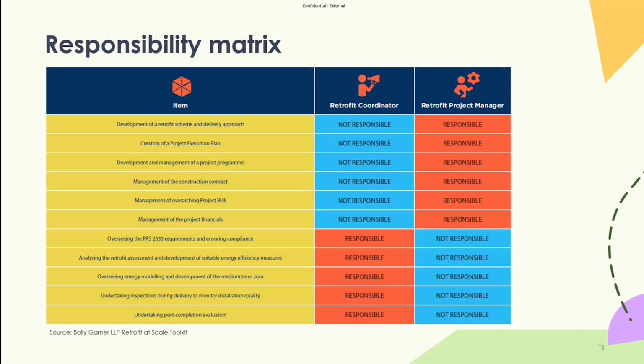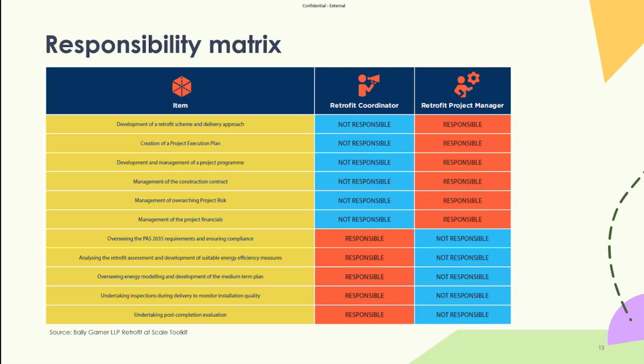So this table is taken from our Retrofit at Scale toolkit, which is taking again some of the themes that we've just discussed there. So the idea of the retrofit coordinator and other roles. So retrofit coordinator again plays a pivotal role, and some of their responsibilities are detailed at the bottom, which again we talked about earlier.